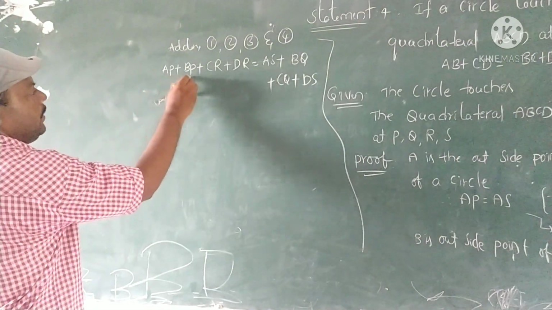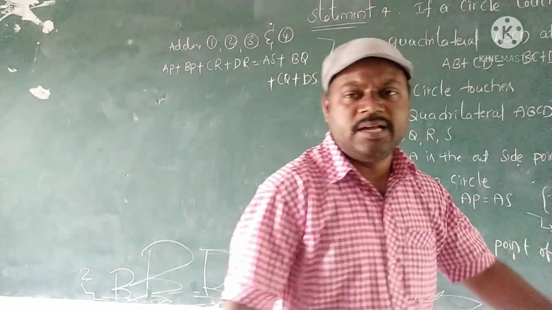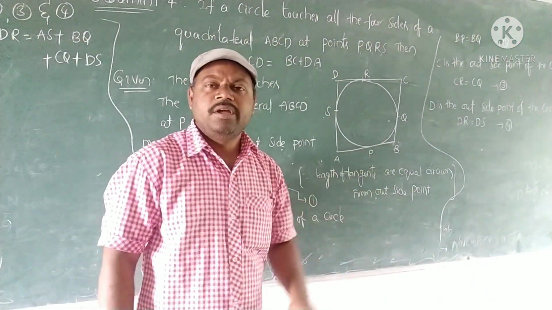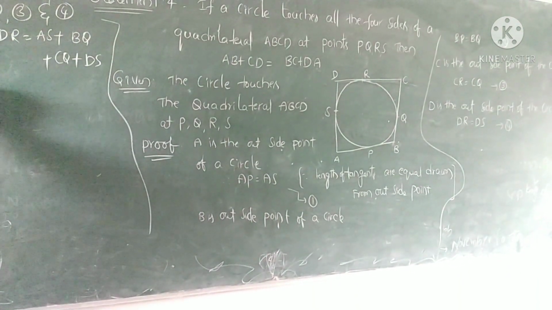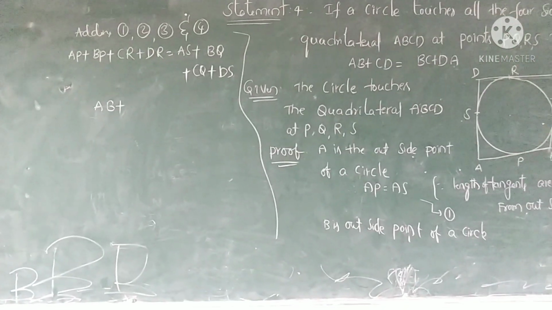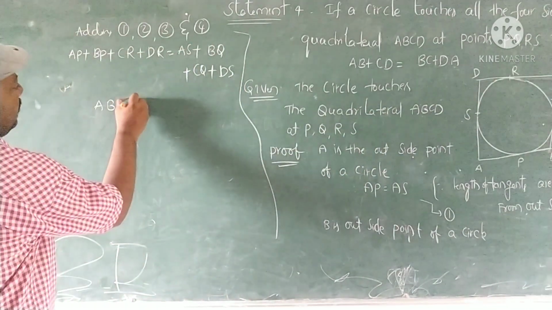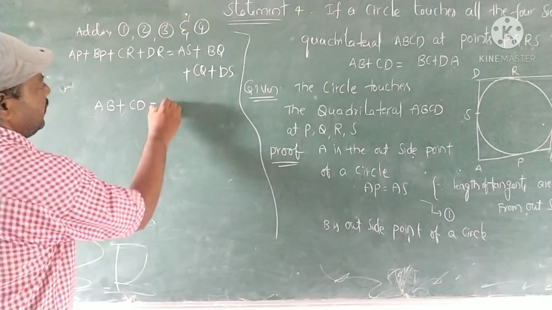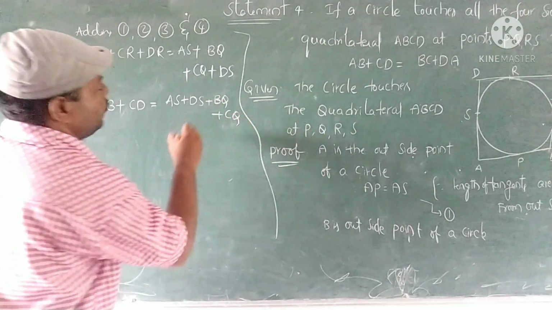Observe the diagram: AP plus BP equals AB. And CR plus DR, from the diagram, equals CD. Next, AS plus DS, plus BQ plus CQ.